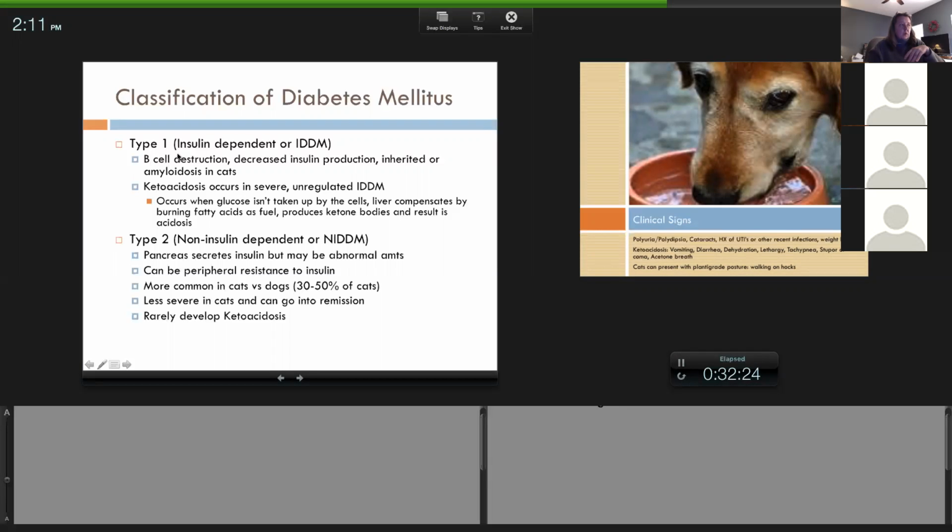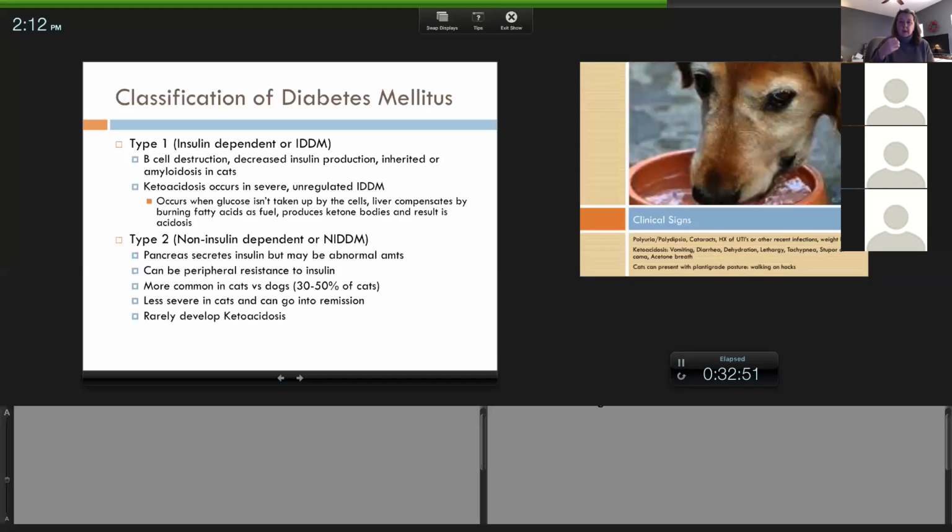Now, type 1 diabetes is bad enough, but what we don't want is to get into what's called a diabetic ketoacidosis. We tend to see this when you have very severe unregulated diabetes. Sometimes the owners haven't picked up on the early signs of diabetes and they've let the dog go.